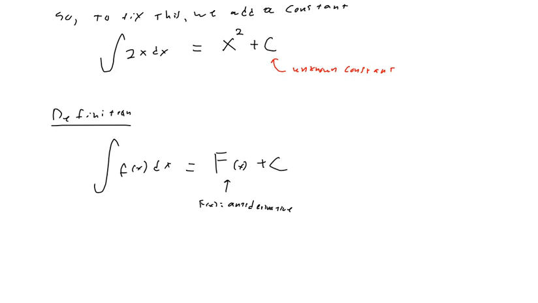F we call the integrand. Capital F is the antiderivative of lowercase f of x. Or sometimes you can say the integral of f prime of x dx equals regular f plus c.